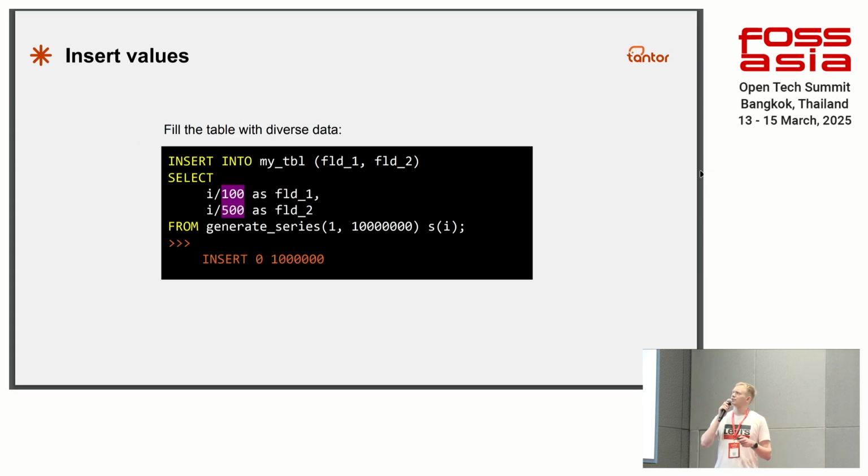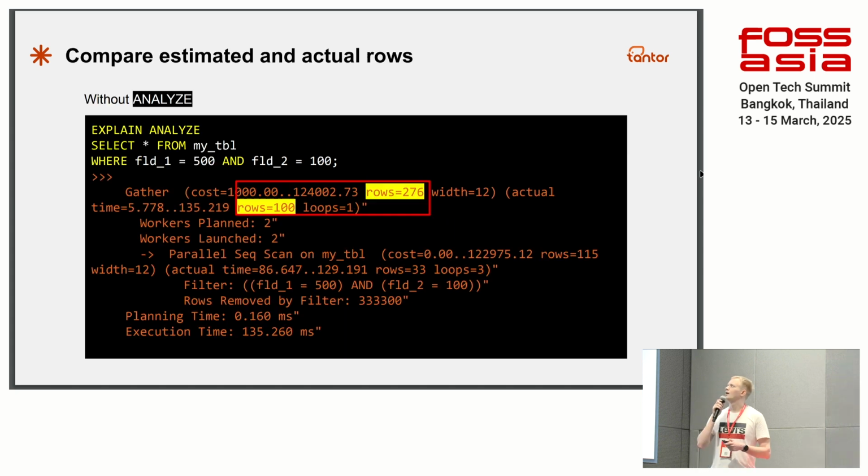We insert 10 million rows in this table, and we do not execute analyze, and as you can see, the estimation is very bad compared to reality. The first recommendation, if you see this situation, of course, is to execute analyze or correct the autovacuum values, I mean threshold and scale factor.